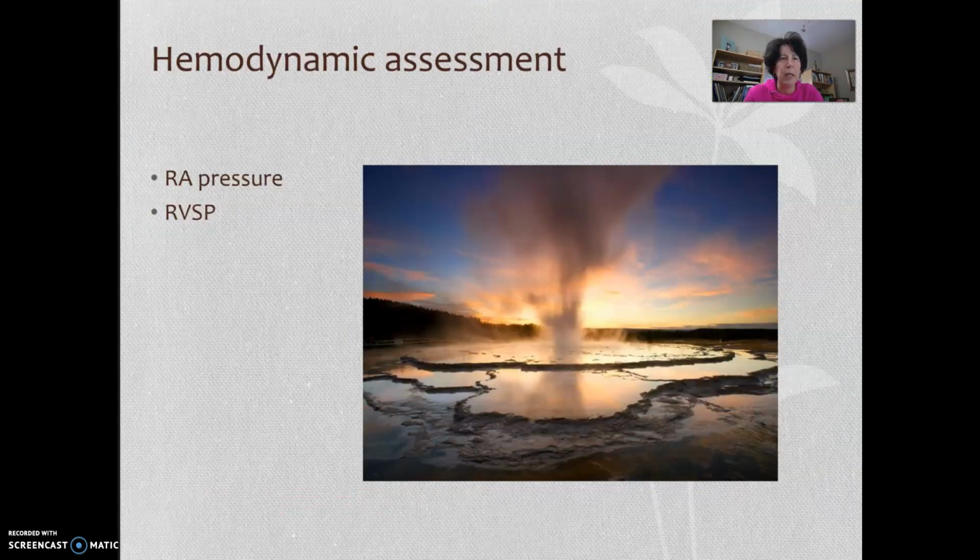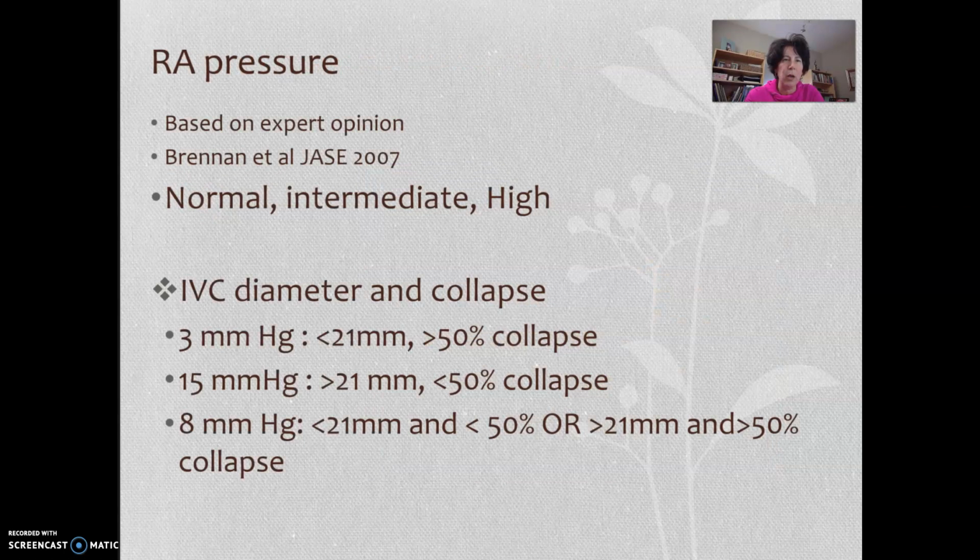Some of the hemodynamic assessments that you will see are the RA pressure and the RVSP. For the RA pressure, we will be looking at the IVC. You measure the IVC diameter, then look at the amount of collapse, and estimate what your IVC pressure is based on that.